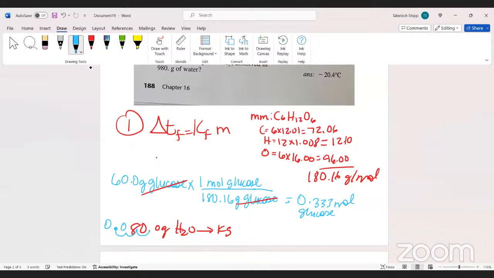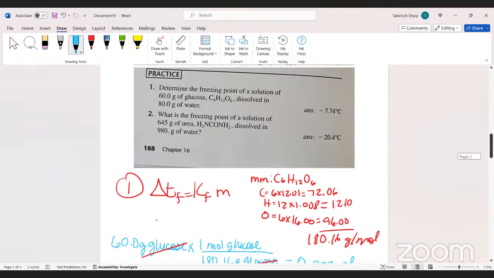So that becomes 0.080, and we need another 0 because we need to have 3 significant digits, kilograms of our solvent, okay? Now, for this last step, we need to go back to our chart. Well, actually, we remember the number from before for water, okay?